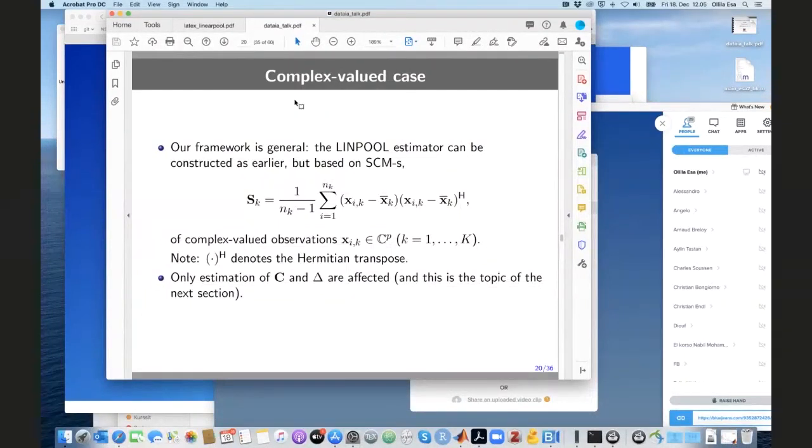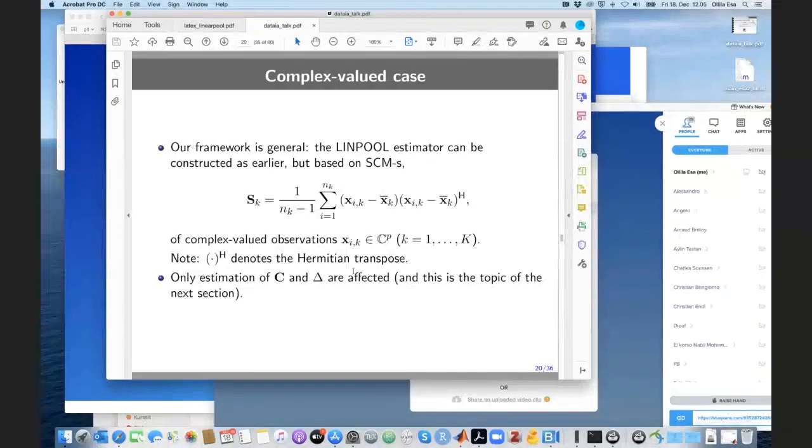So everything that I just explained in the previous slides will accommodate complex valued data. So you can plug in your sample covariance matrix, which is for complex valued observations, and everything goes through similarly.